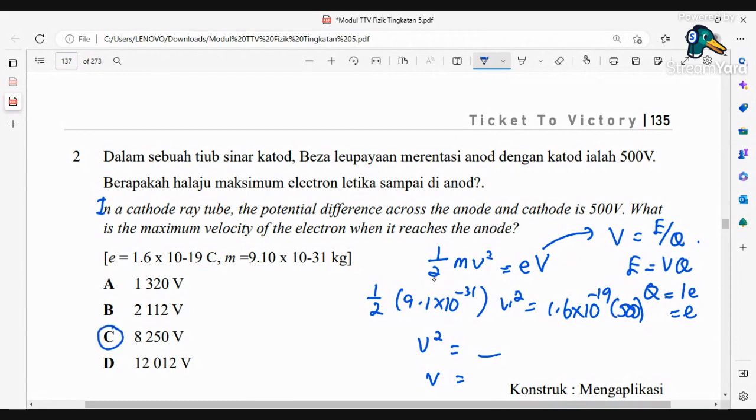The answer is C, 8250 meter second negative 1. The unit here is wrong. It should be meter second negative 1. So that is the maximum velocity gained by the electron.